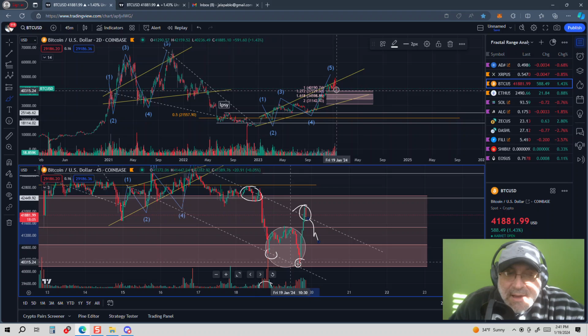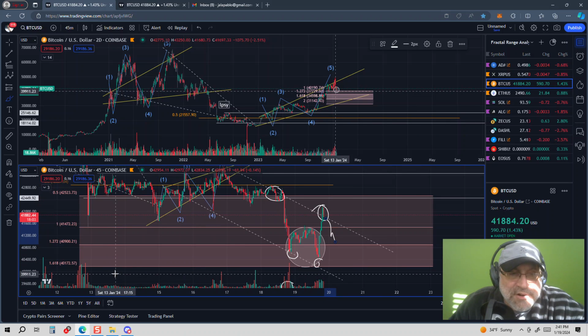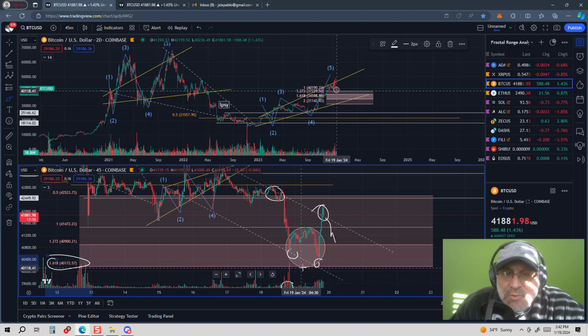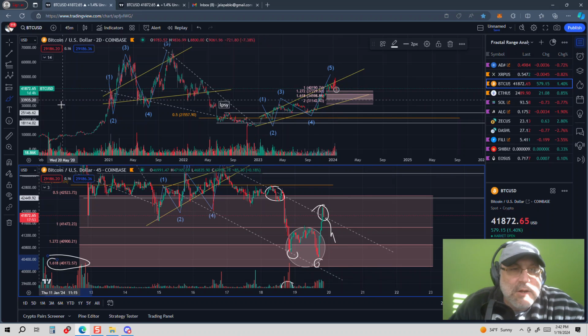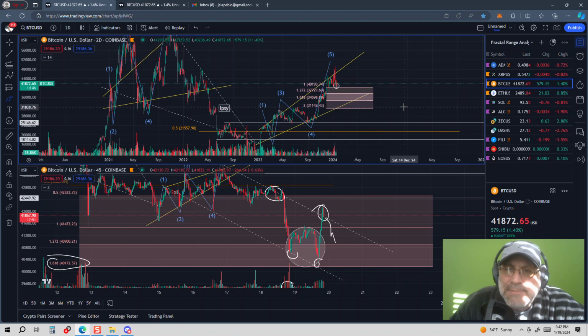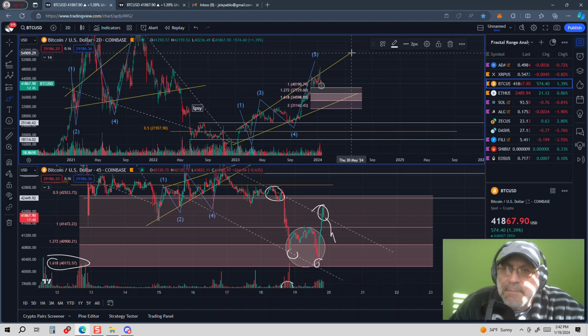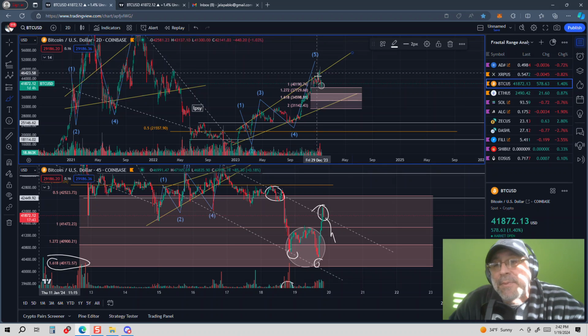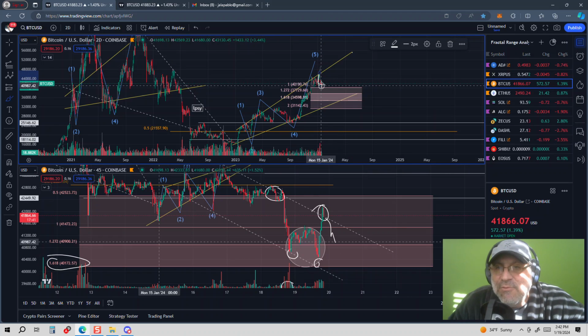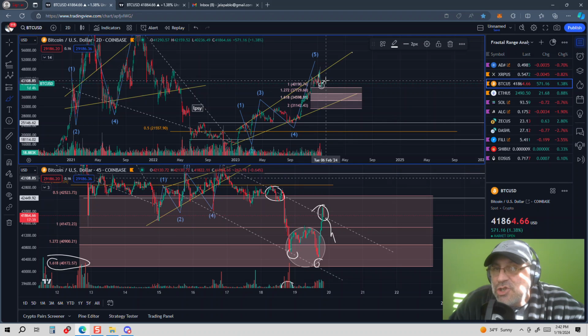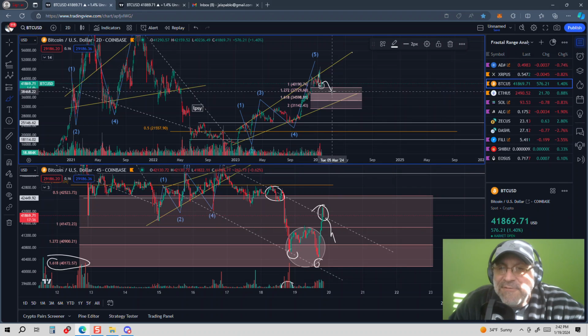Now, we already went down. Look, it retraced almost perfectly to the 1.618 Fibonacci retracement. This is the golden retracement level, guys. If we come back down here and retest the golden level, then we can expect up here a retracement as well, to where now on the macro, on the 2-day, the 5 wave will begin to actually distribute in proper format, mimicking what it's already done in the micro.